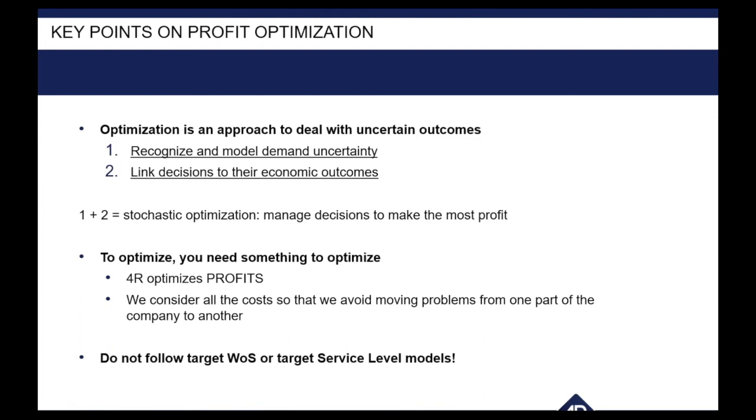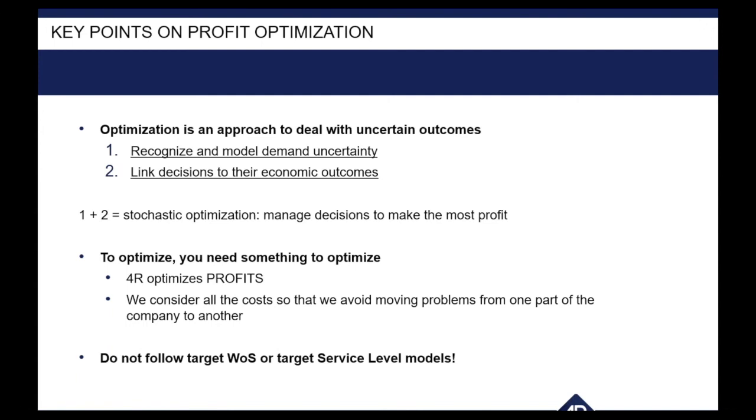And the second, once we have that input, is a process that links decisions to their economic outcomes. Well, what decisions are we talking about? We are talking about how much inventory to deploy, where and when in the supply chain. And the economic outcomes depend on all the costs that we mentioned before, whether it's the cost of a lost sale, the cost of carrying too much inventory, obsolescence, and so forth.